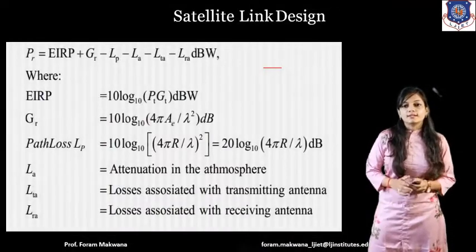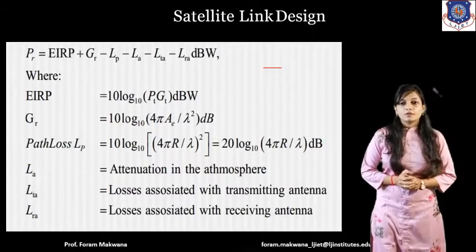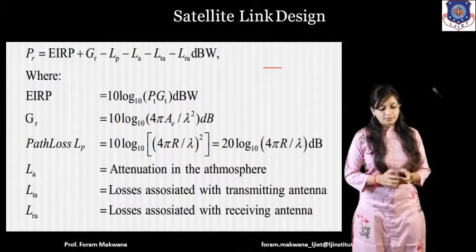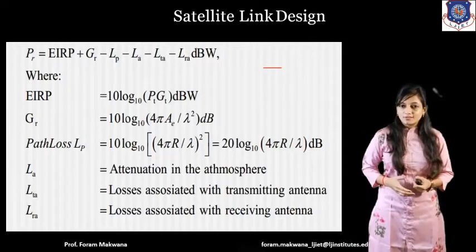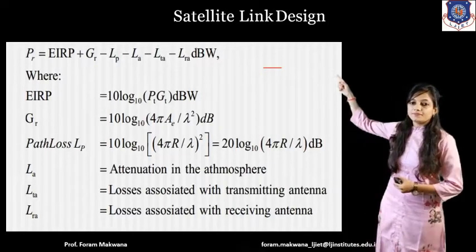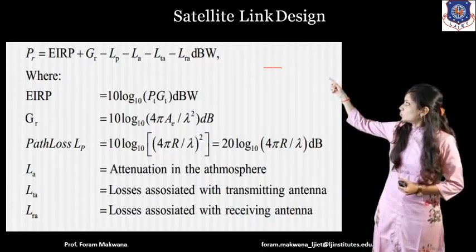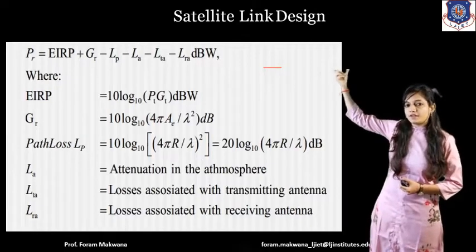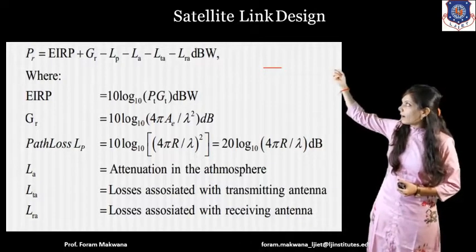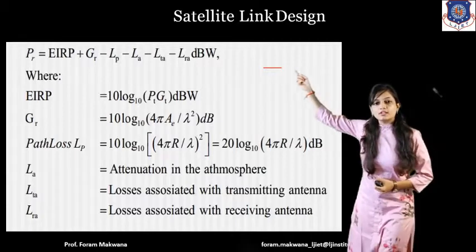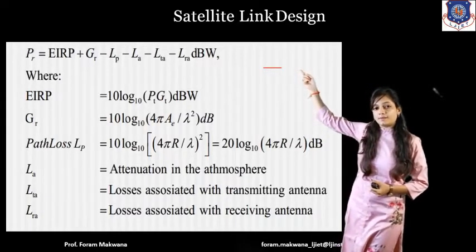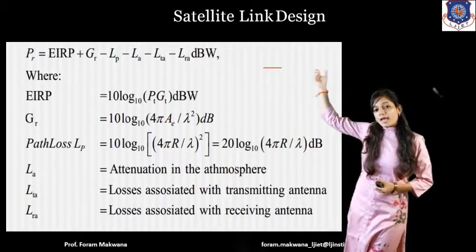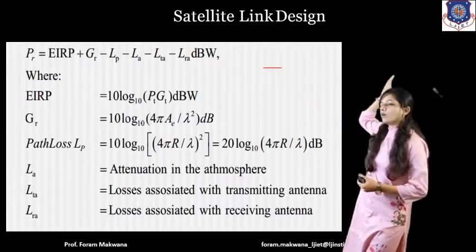Now, how to design a satellite link? For designing a satellite link, we must know what is my received power, right? So for received power, PR, that is equal to EIRP, that is effective isotropic radiated power, plus GR, that is the gain of the receiving antenna. Okay, and we are going to subtract all the losses.